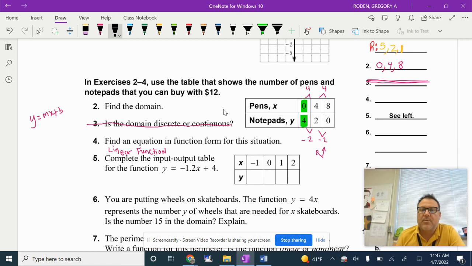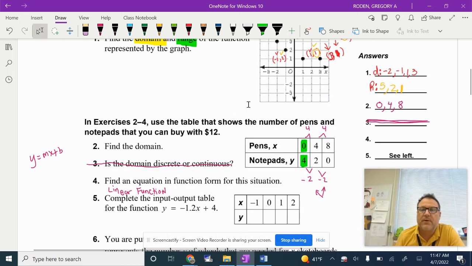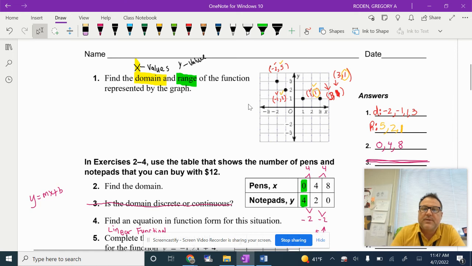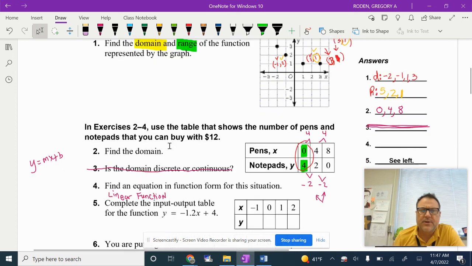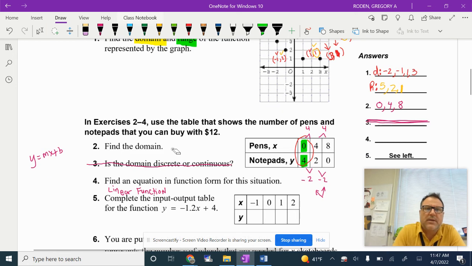If I was graphing that point, 0 comma 4 is right here on the graph, right? That's the y-intercept. Remember, I just borrowed that graph really quick. So long story short, our b is equal to 4.